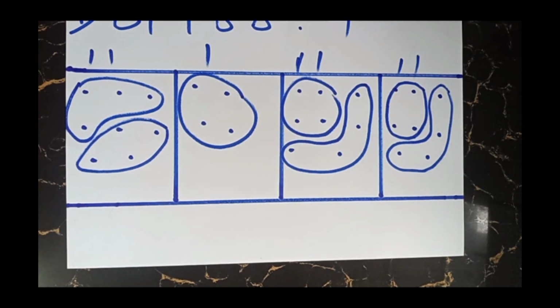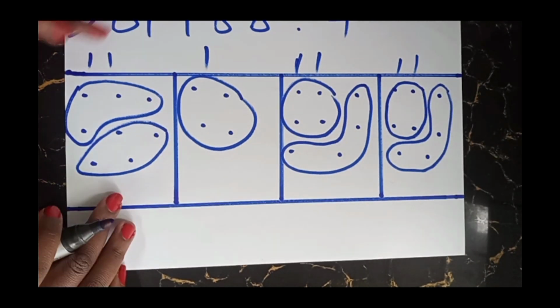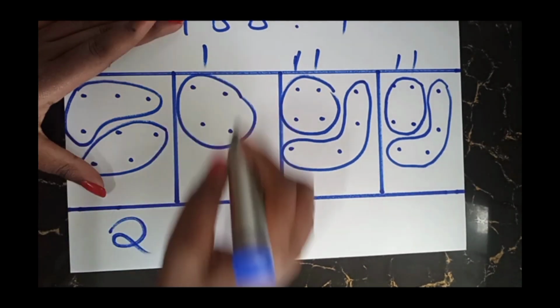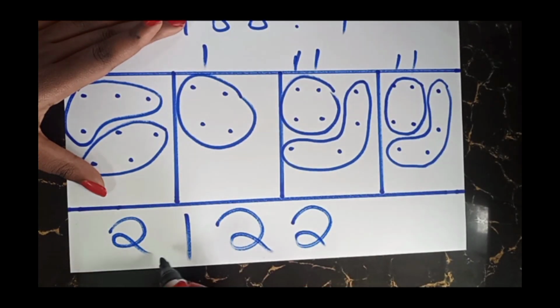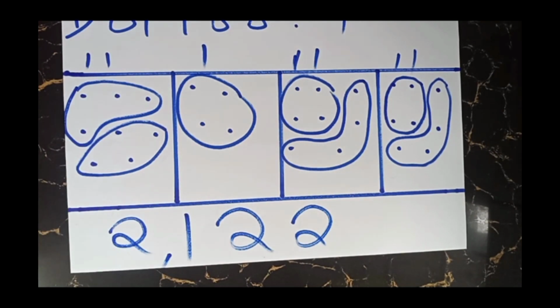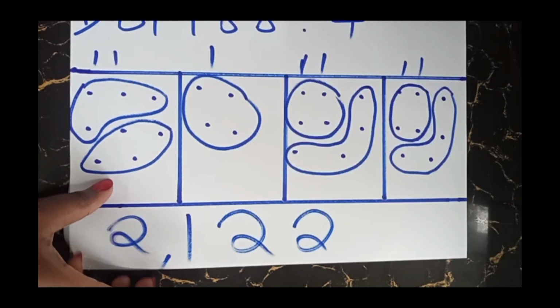So that means our answer will be 2, 1, 2, 2. Okay? So this is the answer to this question. This divided by 4 is 2,122. Are we together? Let's look at another example.